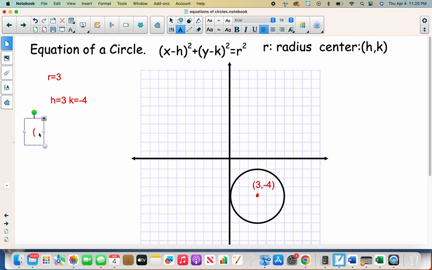So it's going to be parentheses x minus 3, because it's opposite, squared, plus y plus 4 squared equals, and then the radius is 3, so what's 3 squared? It's 9. And that's the equation of my circle.